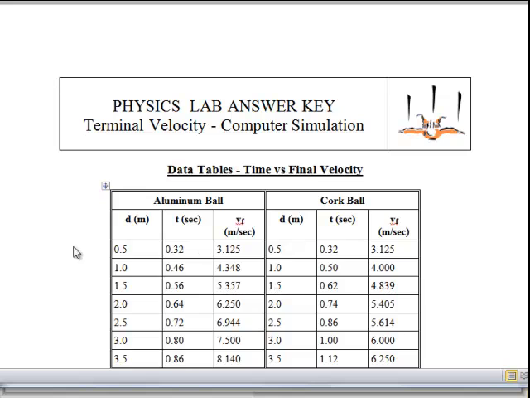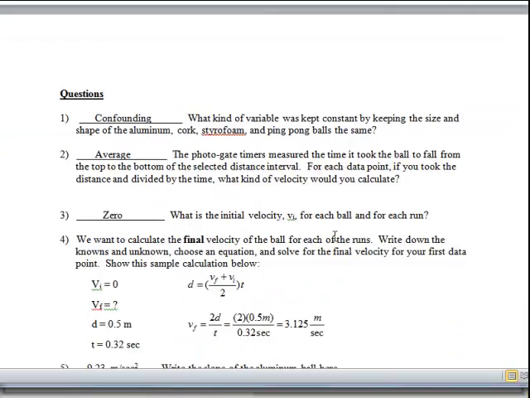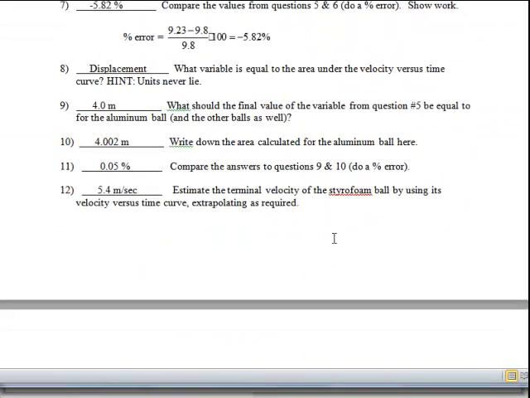There is also an included answer key with all of the data and answers to the questions.